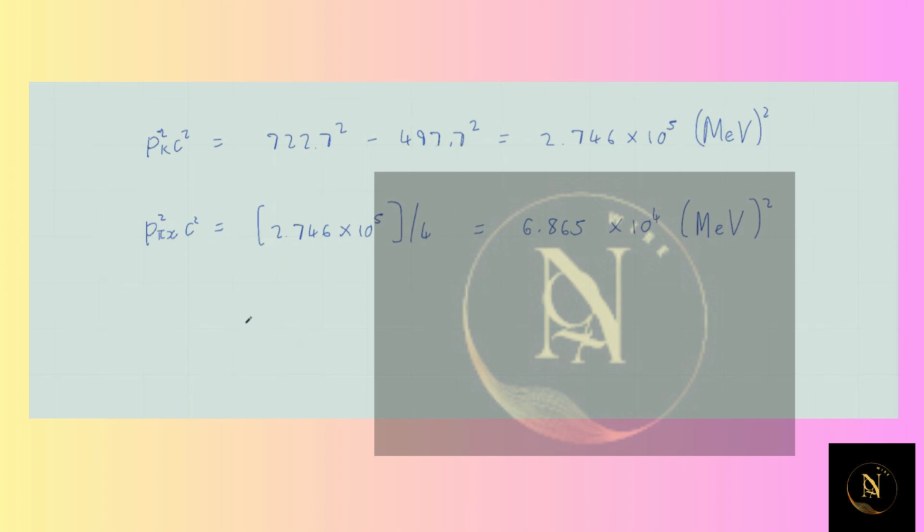Now, conservation of energy gives us the energy for the kaon is equal to 2 times the energy for the pion. And so the energy for the pion is half the energy for the kaon, which is 361.4 mega electron volts.